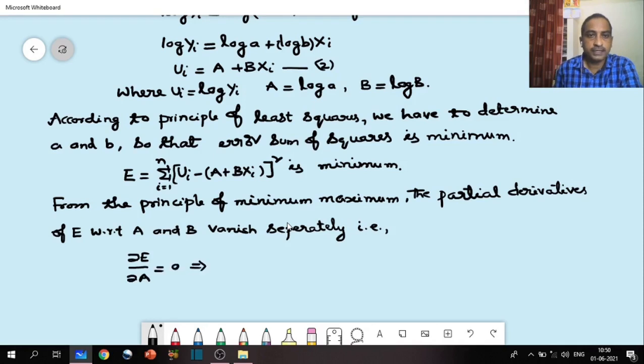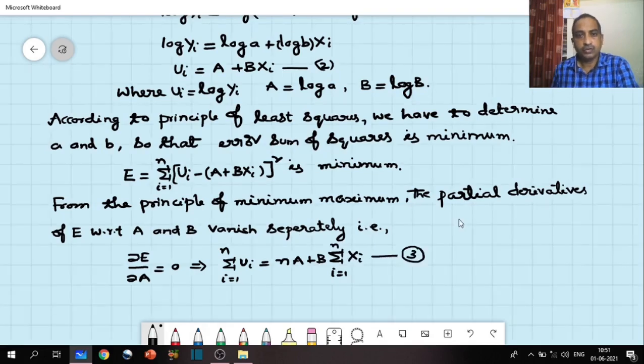So this is nothing but summation i equals 1 to n ui equals nA plus B summation i equals 1 to n xi. This is equation 3.